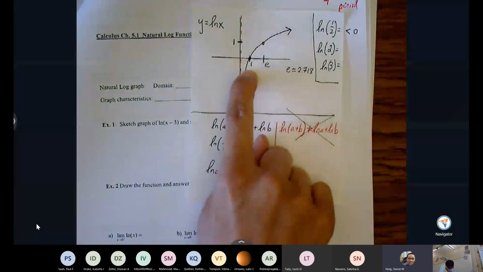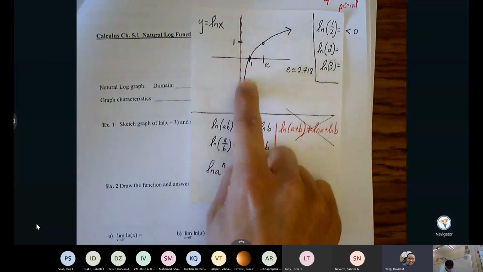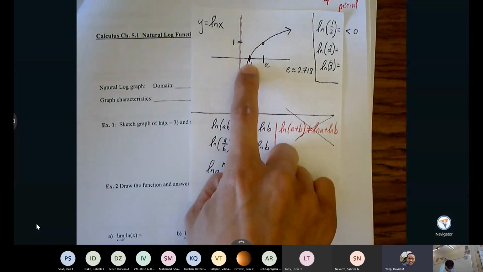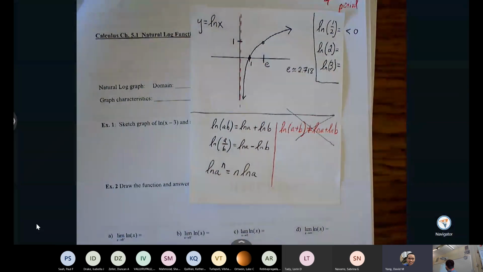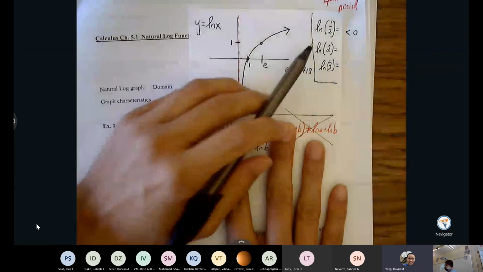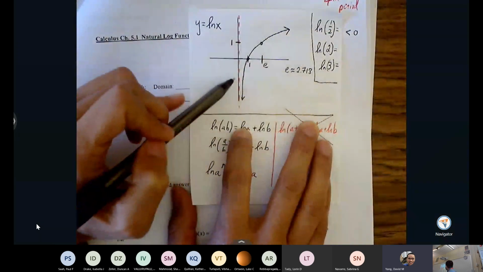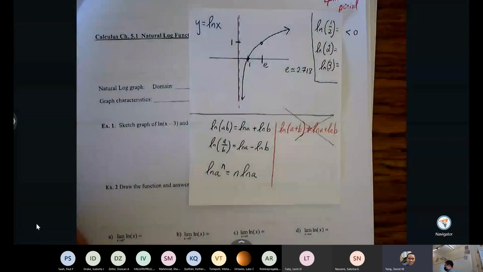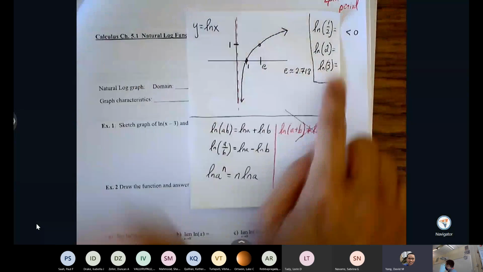We know it's somewhere here, probably not too far down because it's still relatively close to 1, but it's going to be less than 0. If you were to plug it in the calculator, you'll get negative 0.7. Okay, but the decimal is not that important. I want to just be able to have some idea of where these values are.